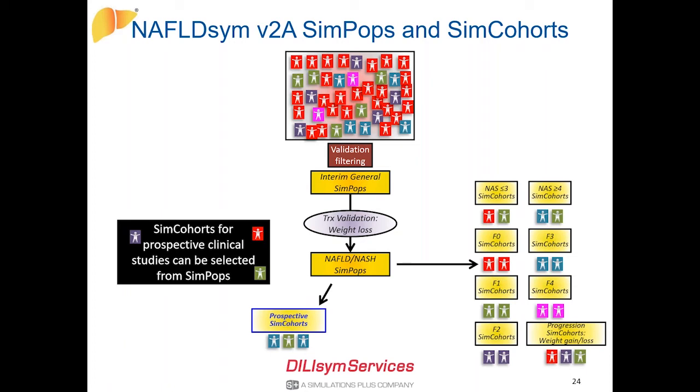specific sim cohort that allows prospective clinical studies to be simulated in accordance with the characteristics of the anticipated cohort of that clinical study. This could obviously be done retrospectively as well, in past studies, and then select patients from the larger group that allows you to align nicely with what was done.